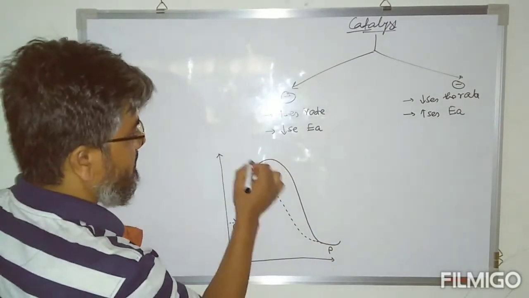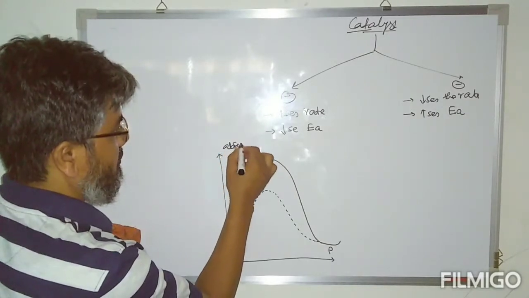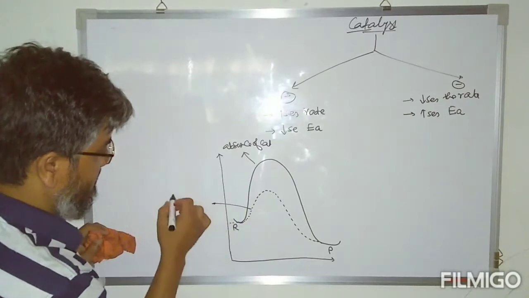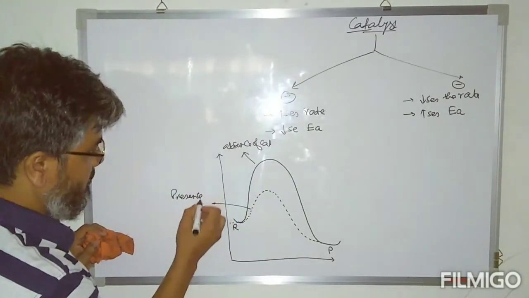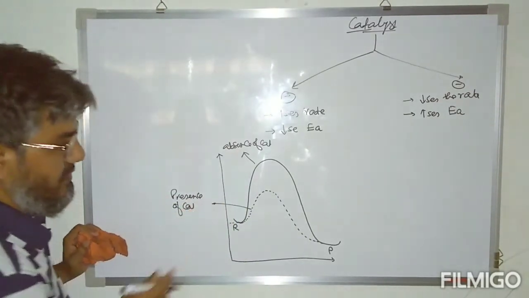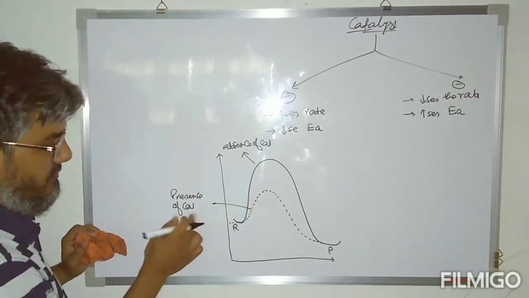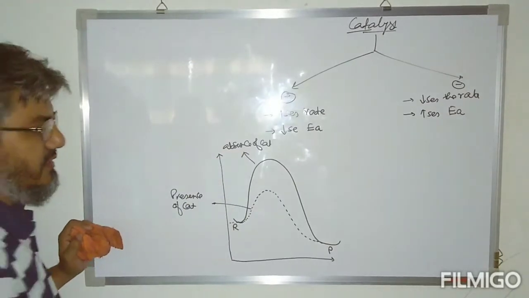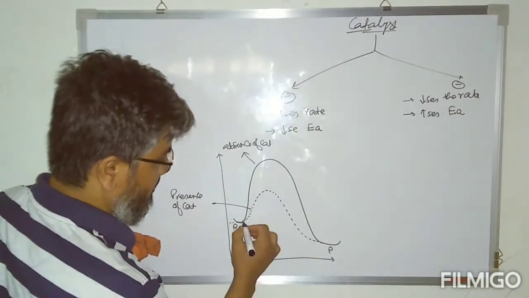In this graph, this is in absence of catalyst and this is in presence of catalyst. The dotted line represents the presence of catalyst. This represents absence of catalyst. This is the reactant, this is the product.